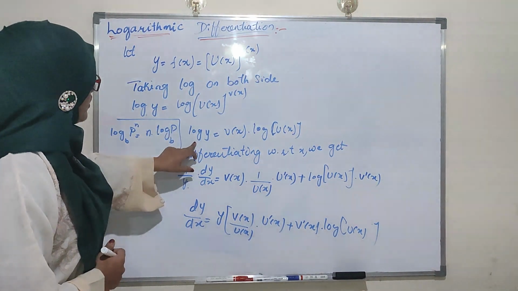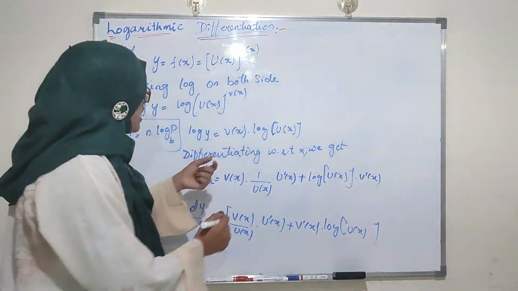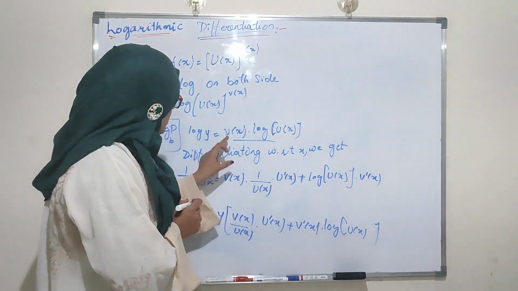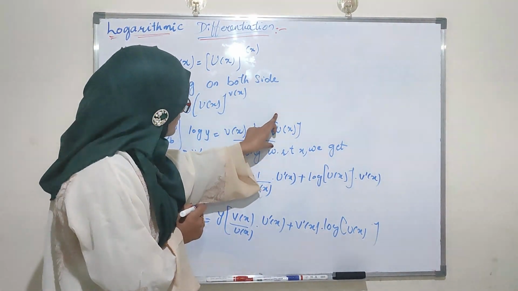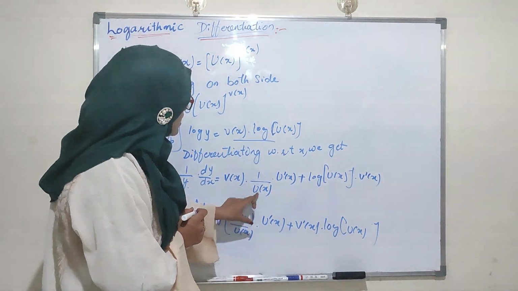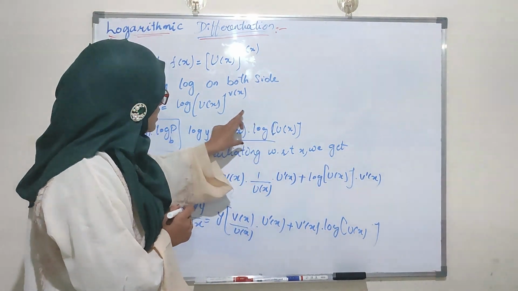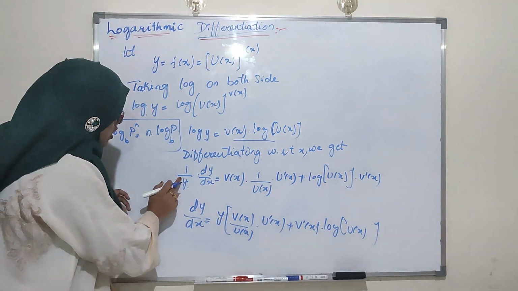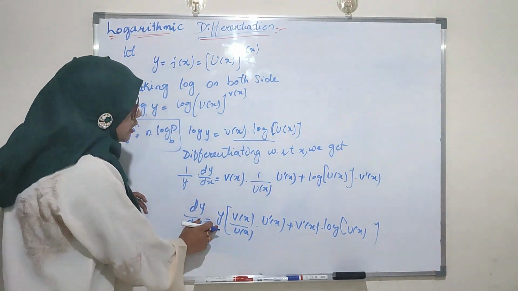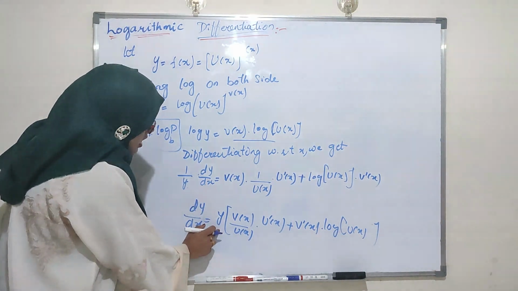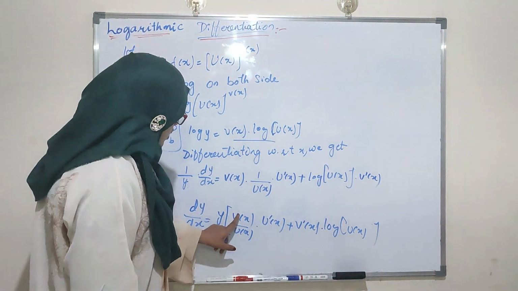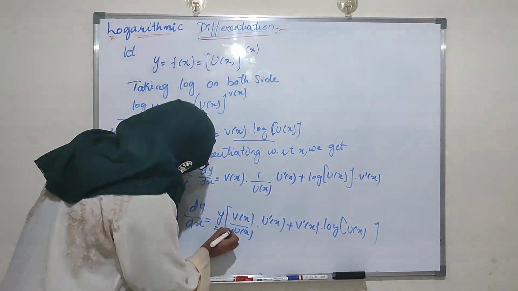After taking log, we apply the product rule, u into v. Keep the first one as it is, differentiate the second, log x, then keep the second term as it is and differentiate the first. Now differentiation of log y is 1 by y, so this y goes into the numerator, all in multiplication. Lastly we have to write down the value of y.